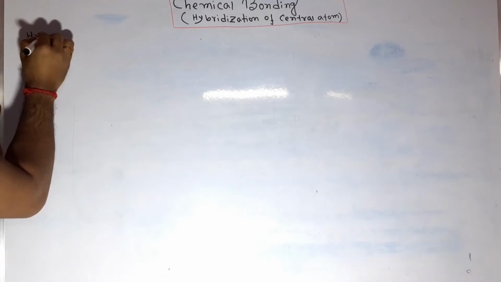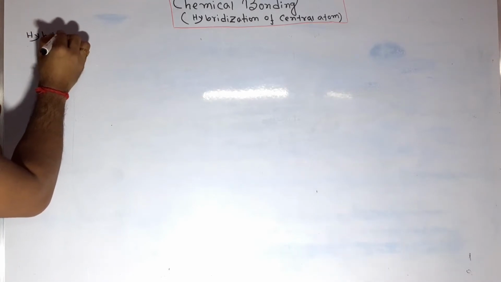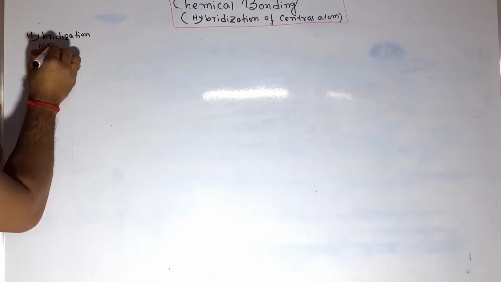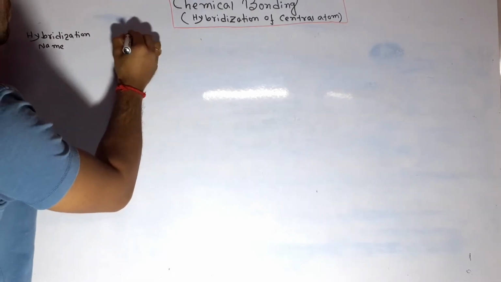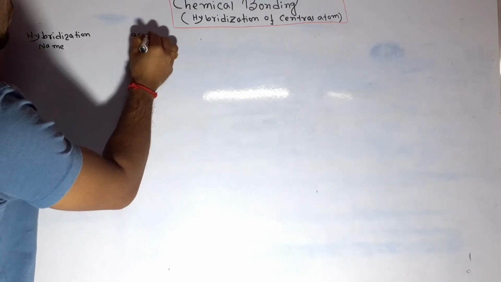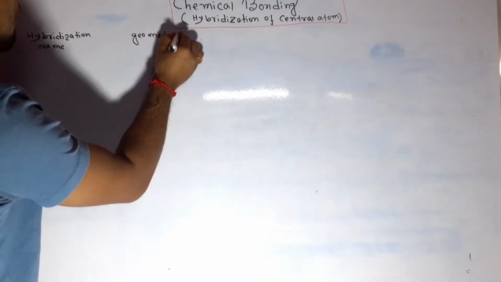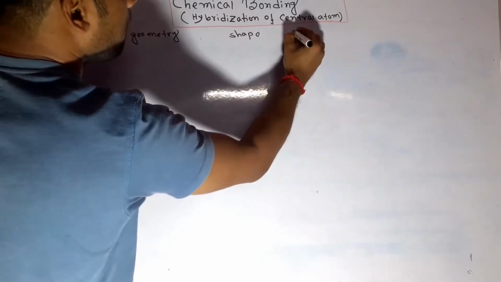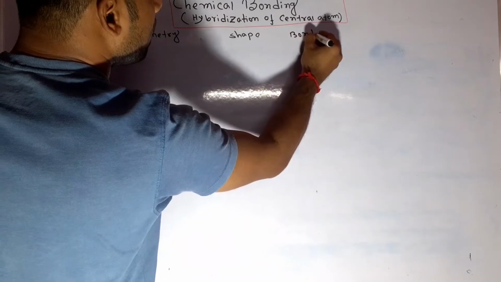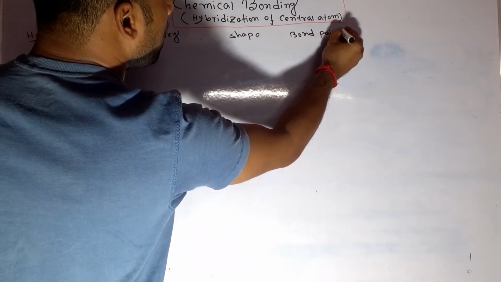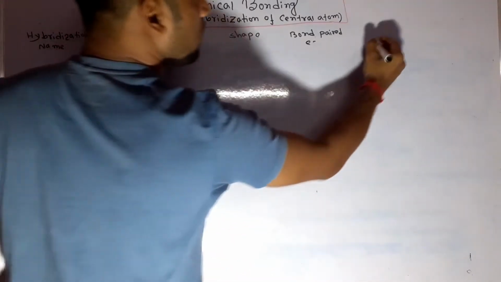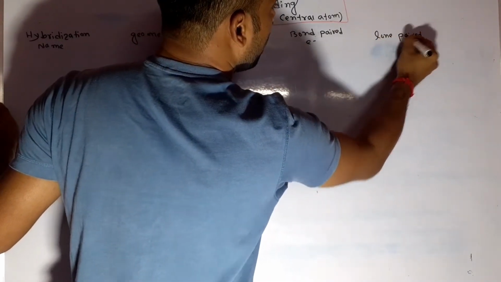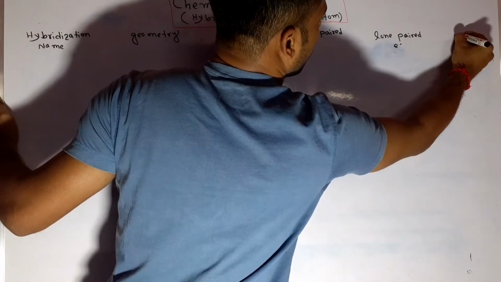Hybridization name, geometry, shape, bond paired electrons, lone paired electrons, next bond angle.